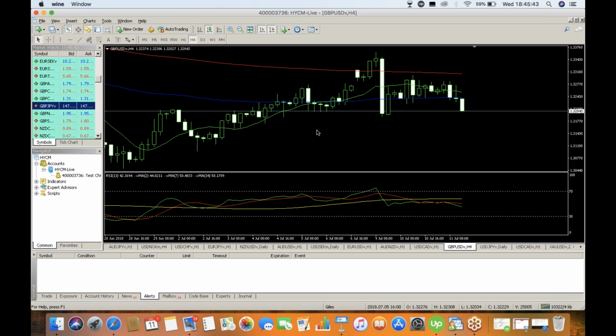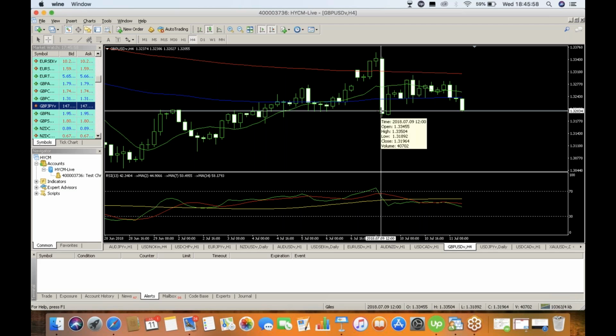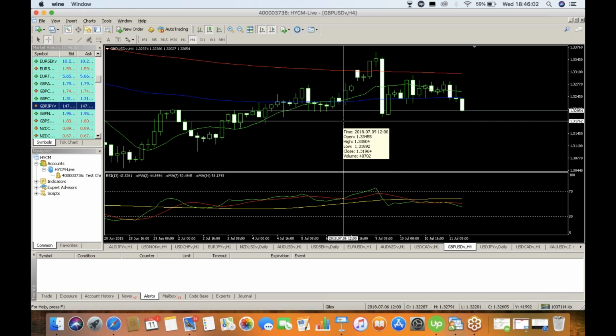So the market realises, hang on, Boris Johnson has resigned. We also had the Brexit minister, David Davis, resign as well. What the market feared was that there would be a leadership challenge on Theresa May. If there's a leadership challenge, that's political uncertainty and instability, and the market doesn't like uncertainty and instability.